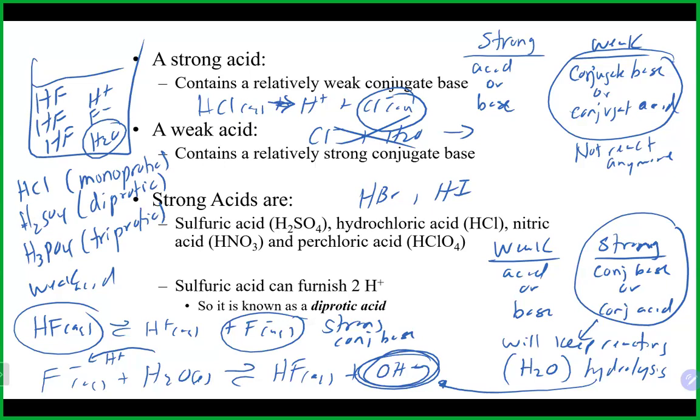So somebody says this is a monoprotic acid, it means it has 1 hydrogen to give. Somebody says it's diprotic acid, it has 2. And if it's a triprotic acid, it will have 3. And again, as we talked about, if there's 2 or 3, they come off one at a time, just like we talked about there with sulfuric acid. Any questions on that there?